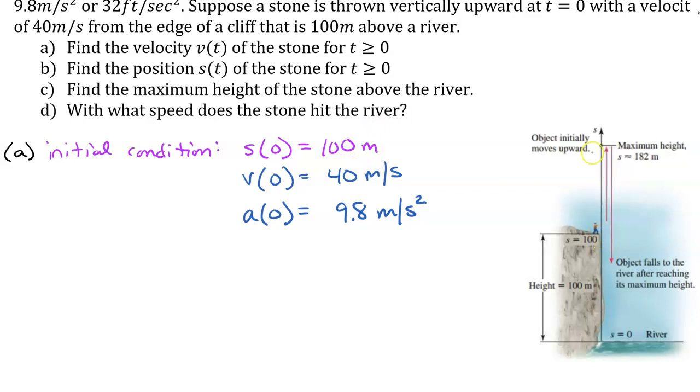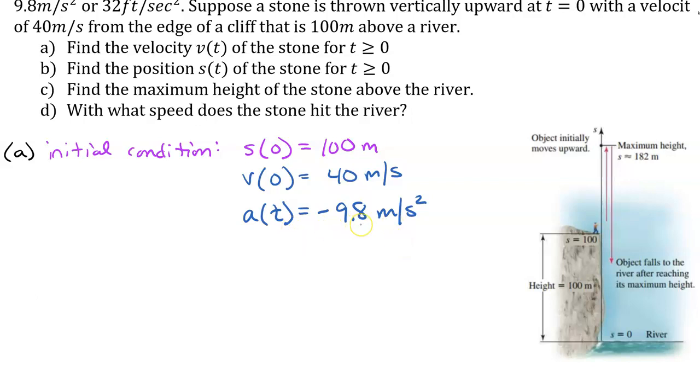And since we're going up, we're throwing it into the air, this acceleration will actually be negative. I wrote a of 0, but that's not right. That's a of t. We don't need a of 0 because acceleration is identical no matter what time it is. It's always going to be 9.8 meters per second squared.